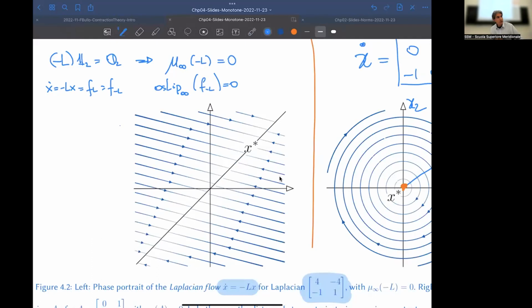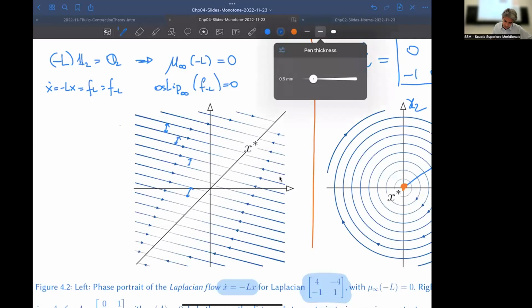So it's weakly contracting. If I take any two trajectories, the infinity distance, which is the infinity norm of the difference between the two trajectories, remains constant. And in fact, if you look at this plot, you will see that this distance remains constant.